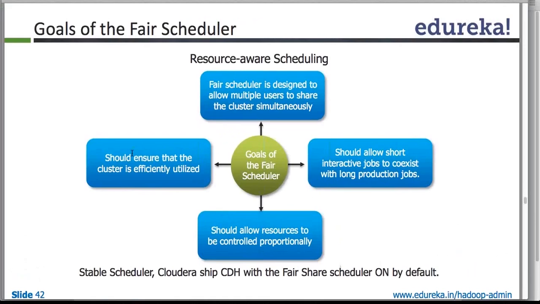It allows you to use your cluster the same way an operating system does. How an operating system does time slicing between different applications, similarly the fair scheduler does time slicing. So it will give you a fair share among different jobs. It allows longer jobs to exist with shorter jobs, so you can use your cluster more efficiently.